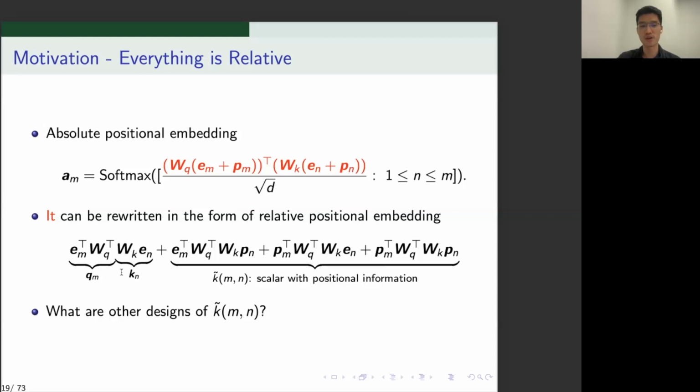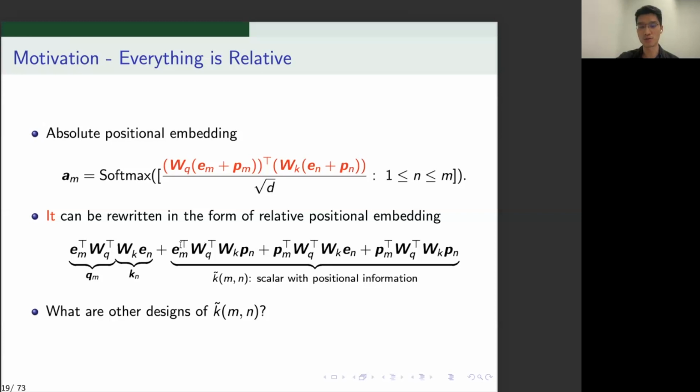and then we arrive at this giant term. The first term here is nothing but the query vector and the key vector at different positions. And the other three terms, I call it K tilde of M and N. It basically models the positional information of two positions.